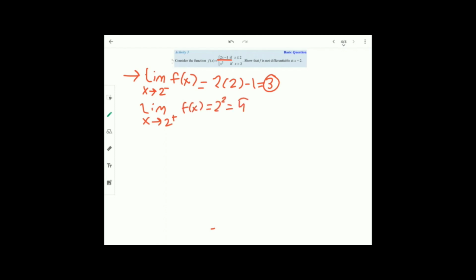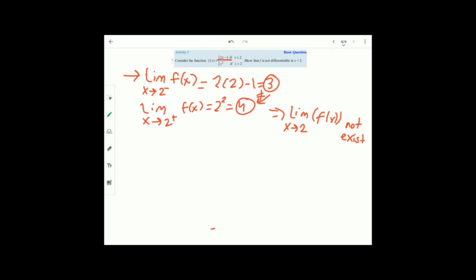which is 4. Well, since these are not equal, then doesn't the limit as x goes to 2 of f of x not exist? Right? It doesn't exist. Well, then isn't it discontinuous at the point? Right? We've got a jump discontinuity at the point.